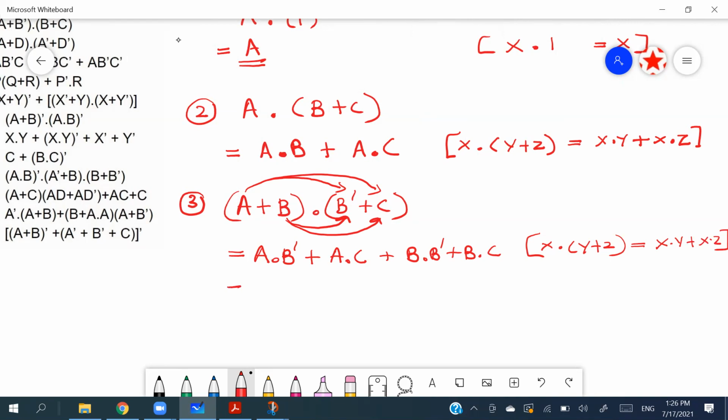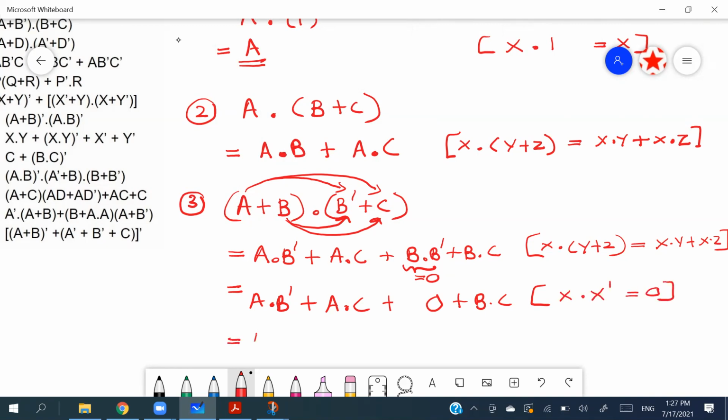Now I can see this B dot B bar is equal to 0, right? So I can take A dot B bar plus A dot C plus 0 plus B dot C. So this indicates X dot X bar equals 0.